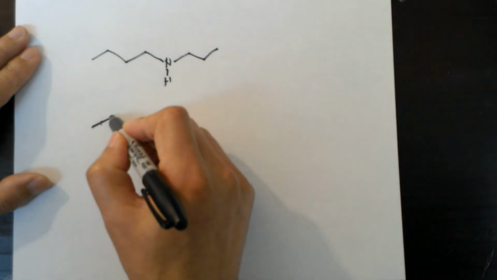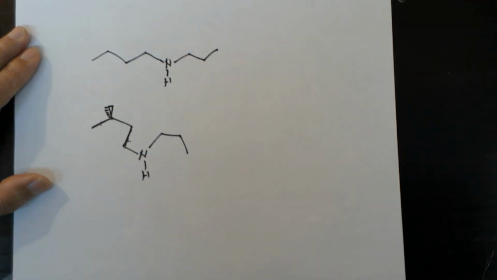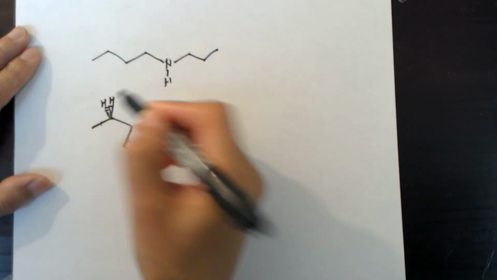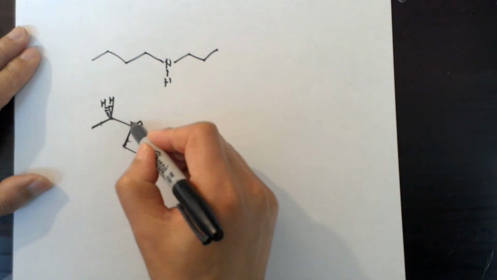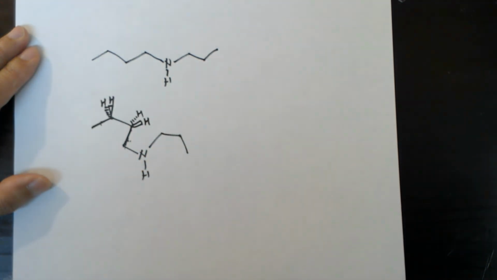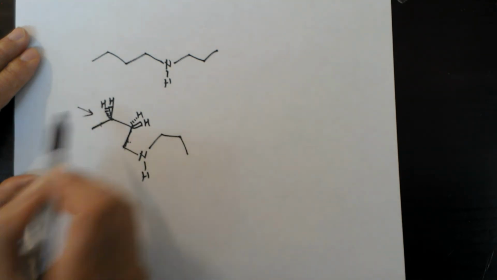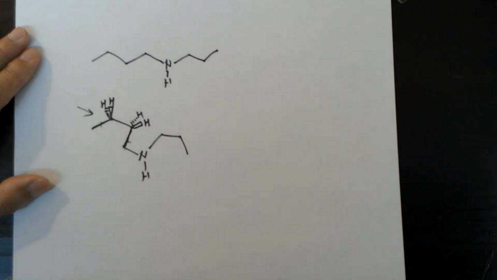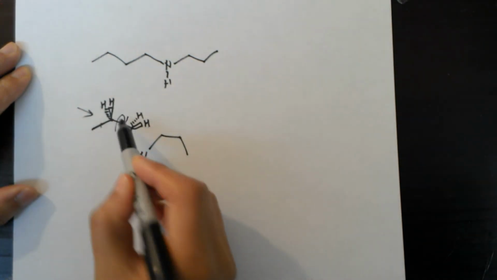If you finish the line angle drawing, dashed and wedged lines having hydrogens on it, they're the same for the wedged and dashed line holding, and looking from here, these are eclipsed, those are eclipsed, and they are eclipsed as well. Therefore, you have some unstable conformation around this bond.